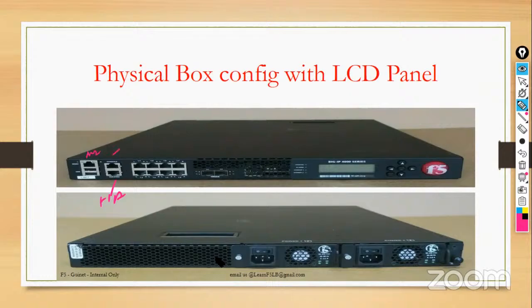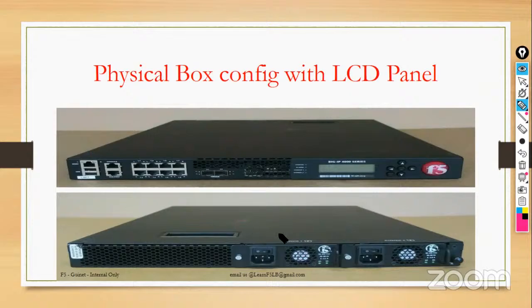And here we have two power supplies. Why are companies using two power supplies? For redundancy. For example, if one power supply fails, the other supply can carry the power load.